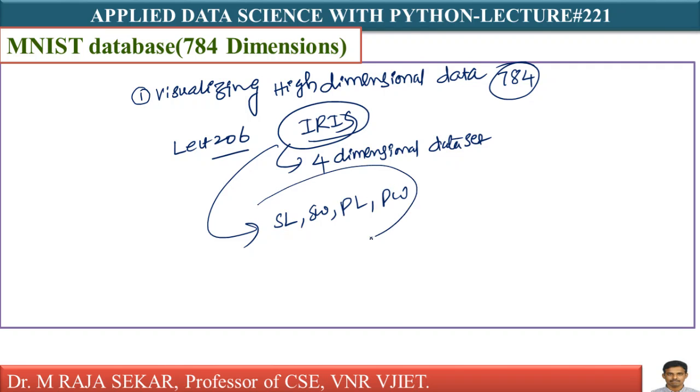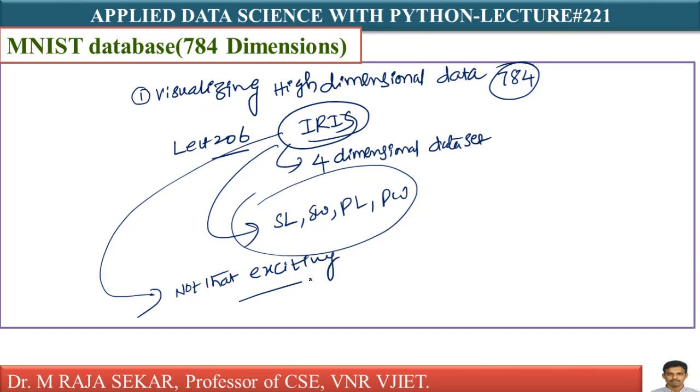But if you speak strictly, this IRIS data set is not that exciting, as it has only 4 dimensions. But in the case of the MNIST database, as it has 784 dimensions, it is a little bit exciting database.